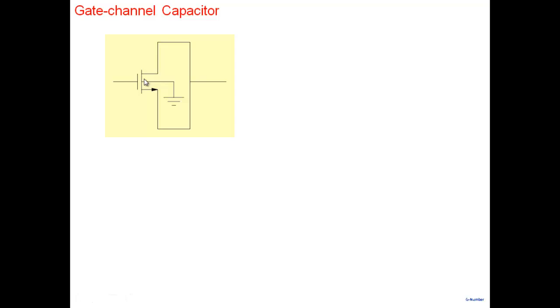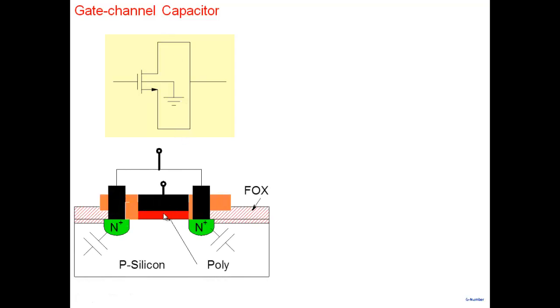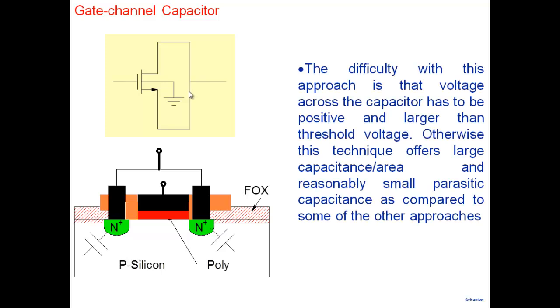It's a very thin oxide, so capacitance per unit area is fairly large. So if you want a large capacitance, this gives you a good way of doing that here, right? So this is one terminal here, which is the gate here, and these two are shorted together. So this is the other one, right?